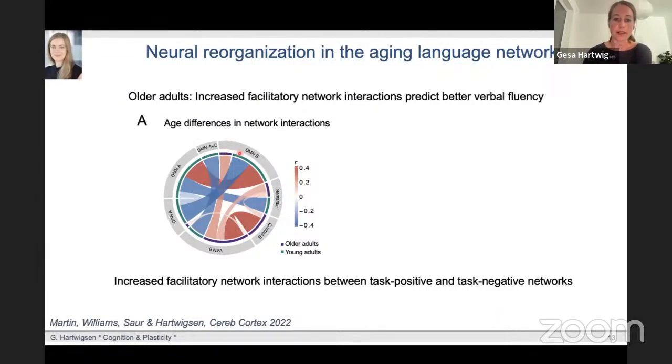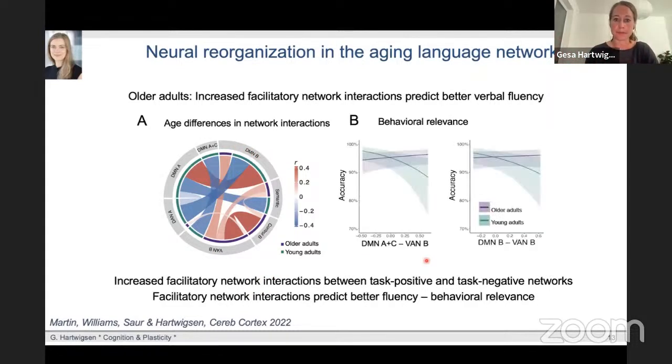If you look at these older adult plots, you see that all the interactions are positive, so they are positively correlated. And these are also interactions which are usually anti-correlated, so negatively correlated in young brains, such as interactions between default mode subnetworks and ventral attention networks.